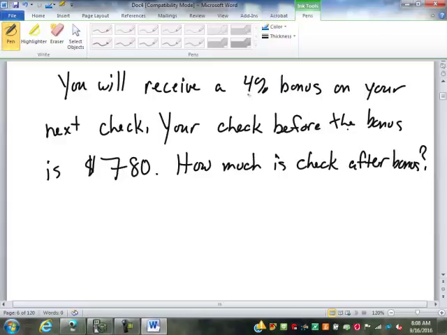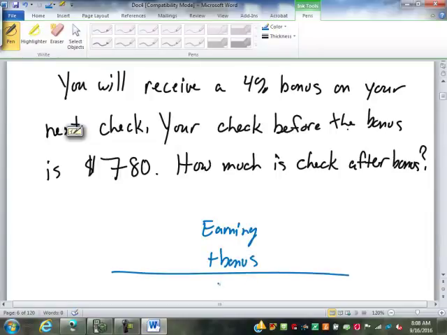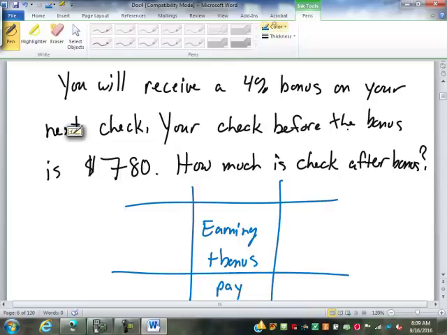So this one's slightly different. Here you have your earnings plus your bonus equals your check or your pay. You can word them however you want. 780 was your earnings.